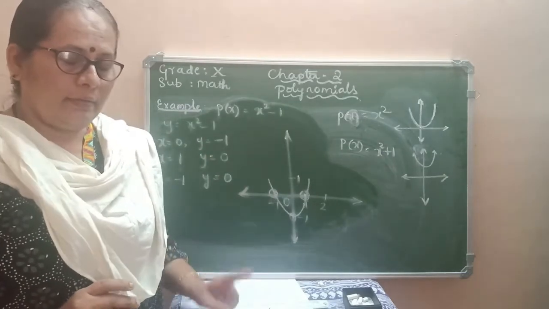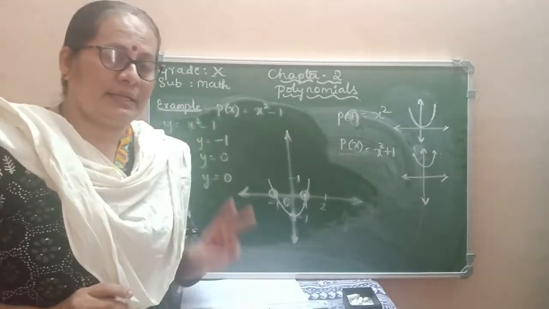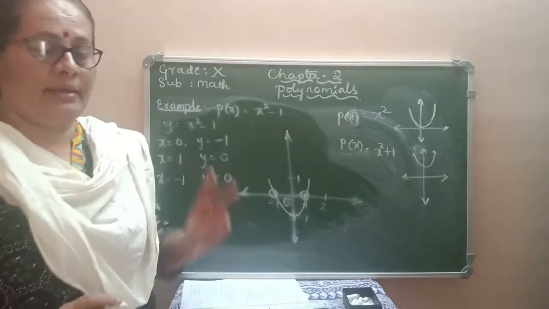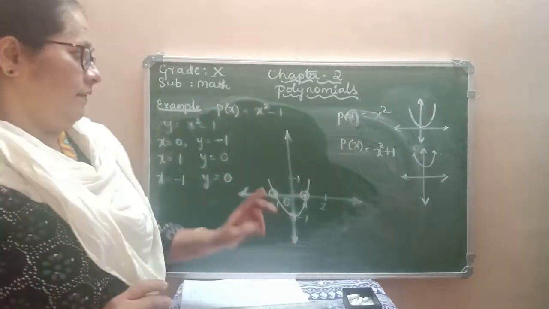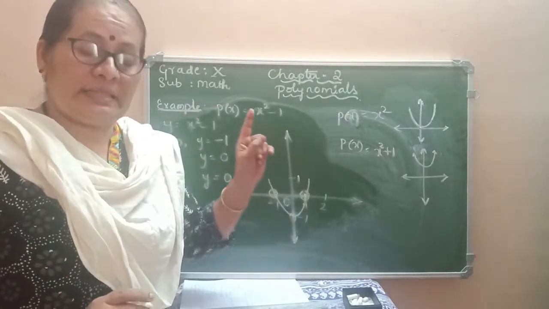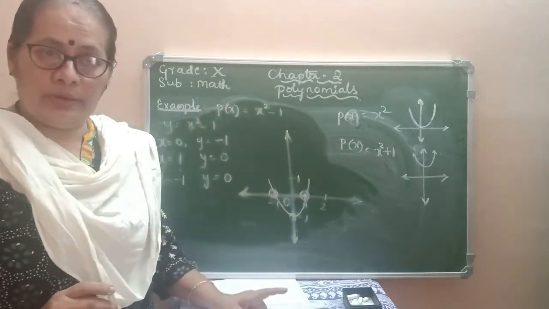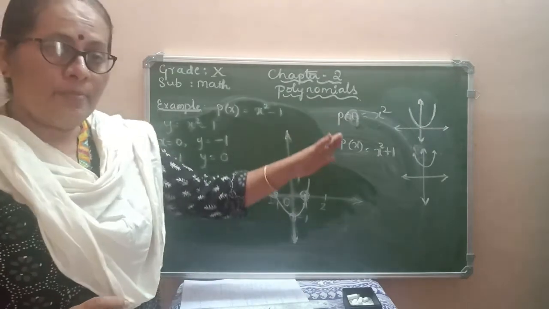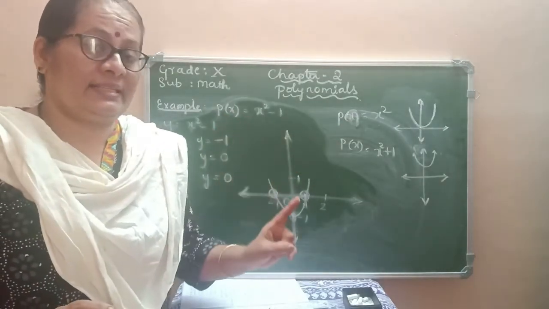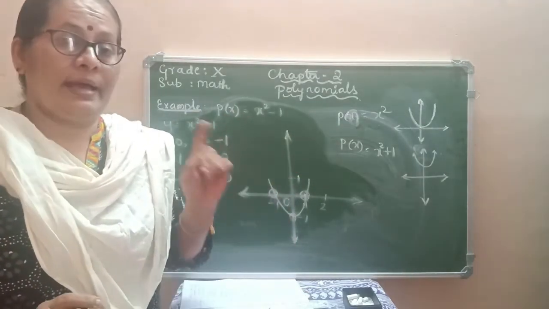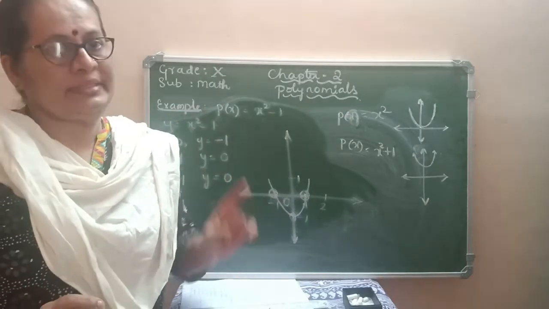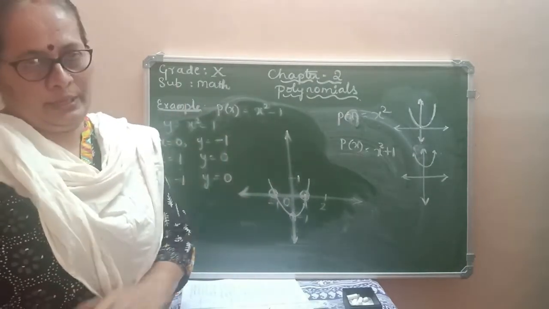When the curve intersects the x-axis at two different points, we say that it has two zeros. When the parabola does not touch the x-axis, then we say no zeros. Then the parabola just touches the x-axis at one point, it has two equal zeros, considered as 1, 0.